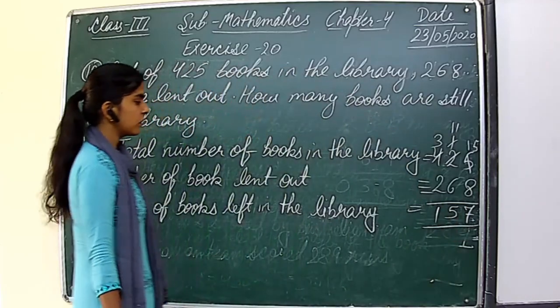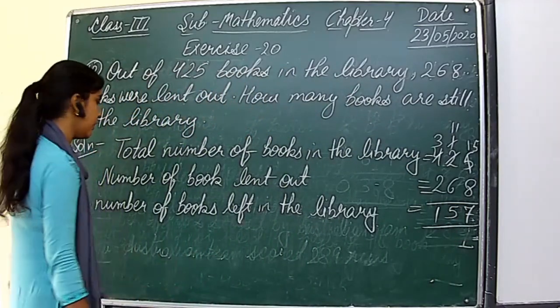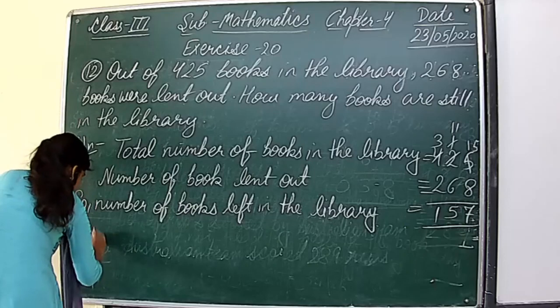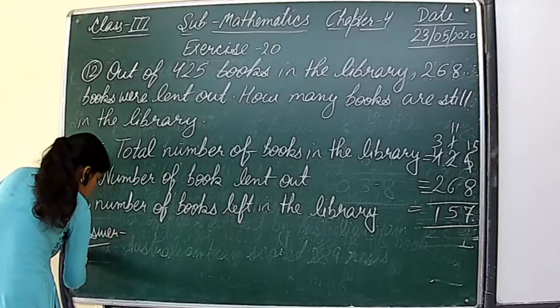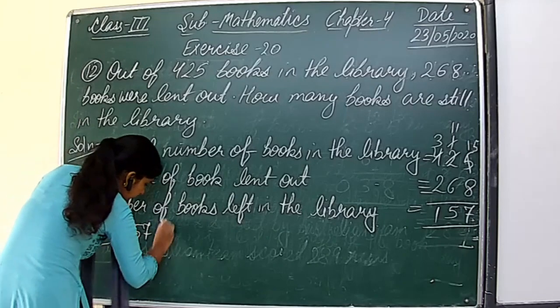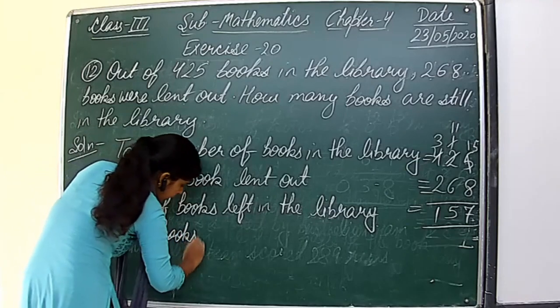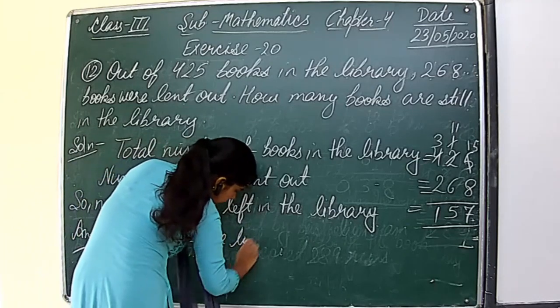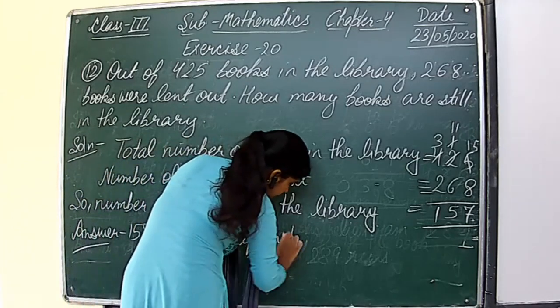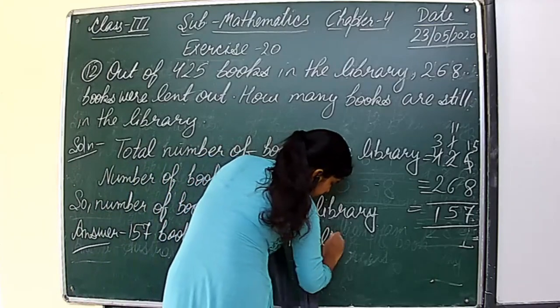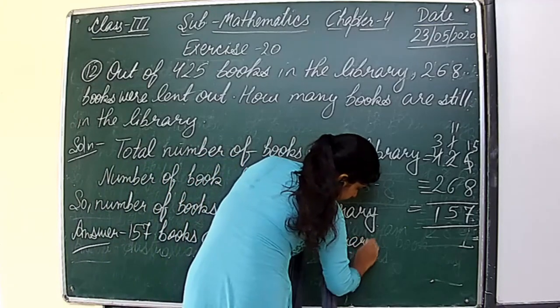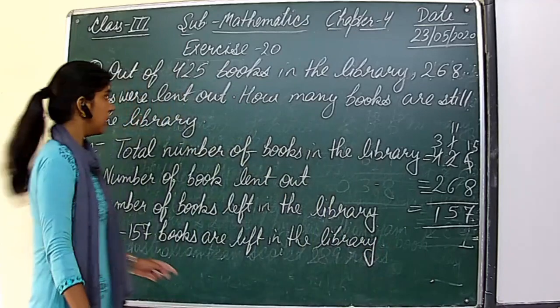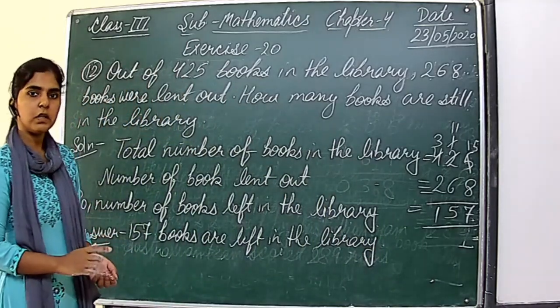So how many books are still in the library? 157. So let us write the answer. 157 books are left in the library. Okay? So this is the solution of question number 12.